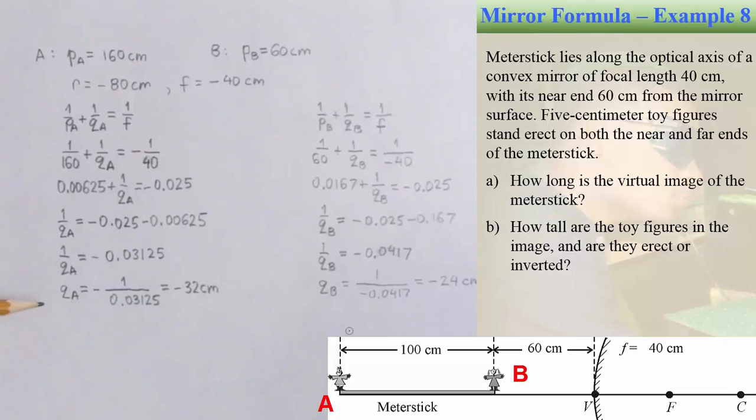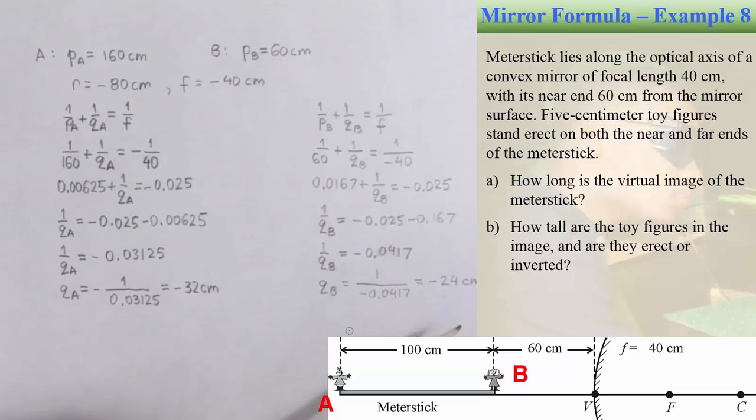So again, the 32 centimeters is the distance of the mirror image of the one toy figure, and then 24 is the distance of the mirror image of the second toy figure. So we can conclude that since the first toy figure is 32 centimeters and the second figure is 24 centimeters, the mirror images of these two toy figures are about 8 centimeters away from each other.